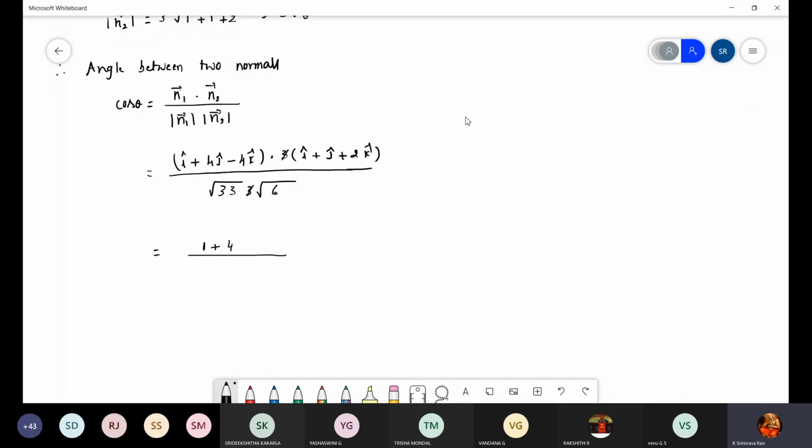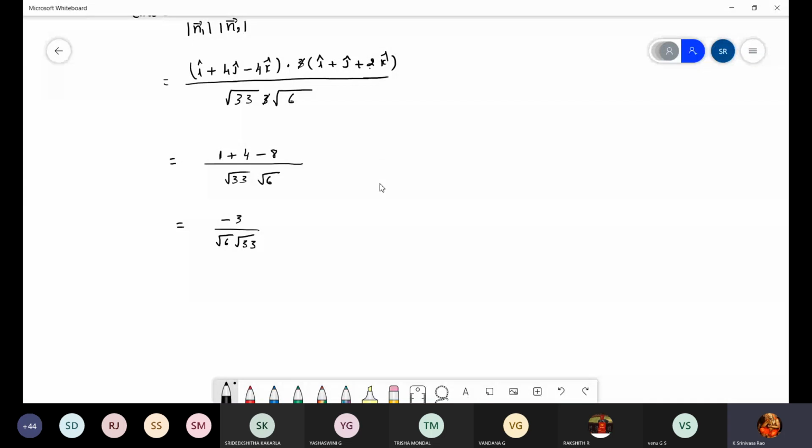So 1 into 1 is 1, 4 into 1 is 4, minus 4 into plus 2 is minus 8, divided by root 33 into root 6. And this gives us 4 plus 1 is 5, 5 minus 8 is minus 3. Minus 3 by root 6 into root 33. Both you can multiply inside one root, or no problem, you can keep it.